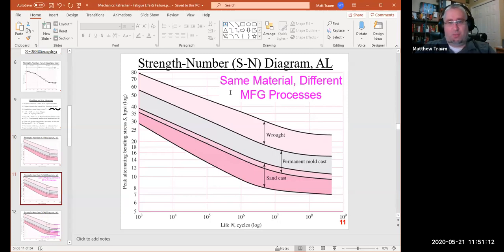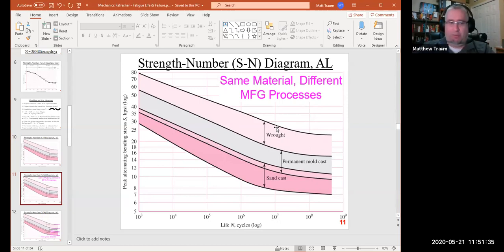The first one that I like about this particular diagram is that we have the same material, presumably the same alloy of aluminum, but it's being subjected to different manufacturing processes. Wrought aluminum is basically blacksmith aluminum. Somebody is taking a piece of aluminum and just hitting it.